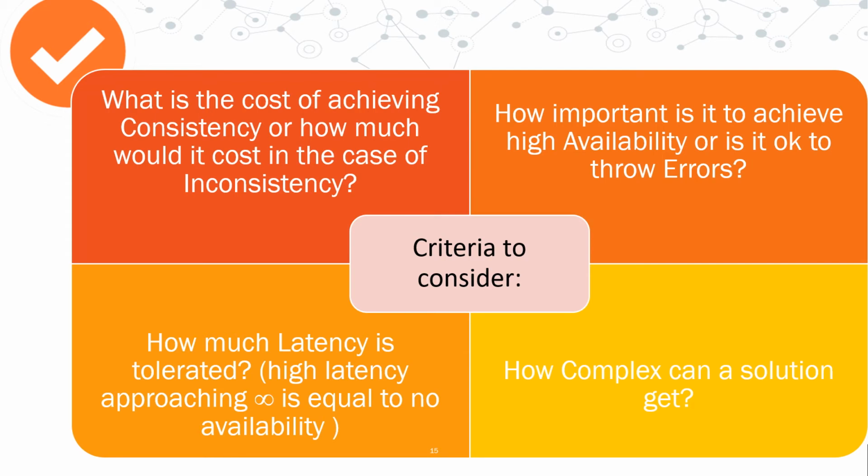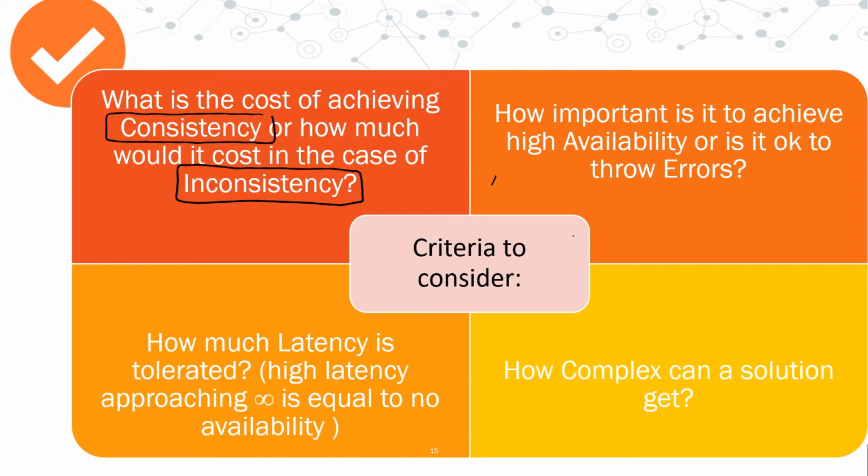So let's have a look at these important criteria for choosing between AP or CP. So first, in terms of consistency versus inconsistency, if you choose to reduce some consistency, that means we allow some form of inconsistency to occur. So what would be the cost that we need to pay? What would be the price we need to pay when we allow inconsistency of the data to occur?